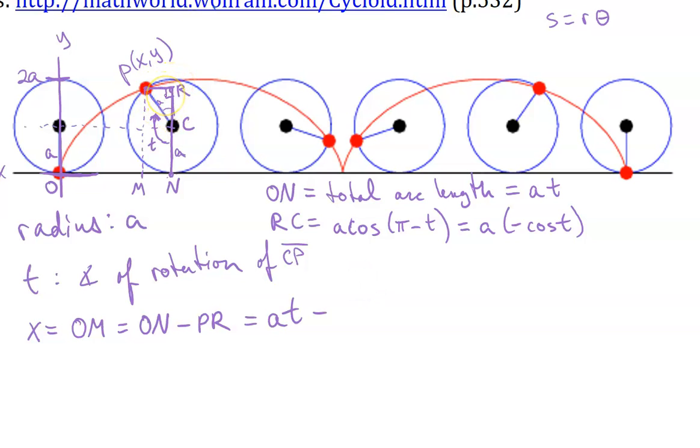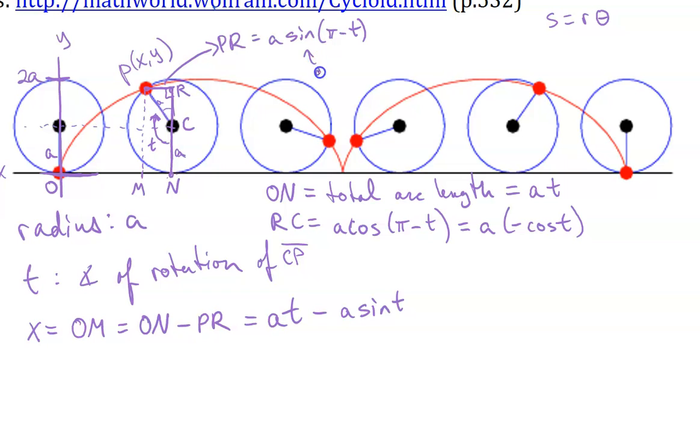Using SOHCAHTOA again, one second. PR is A sine of pi minus t, to show you where that came from.